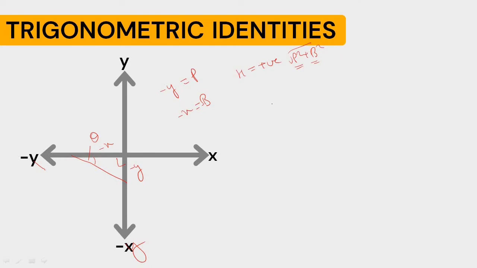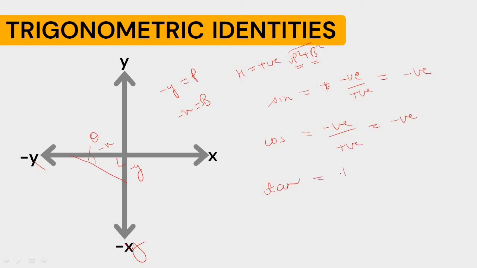Okay. So here sine, cos and tan. What will the sine be? Sine is perpendicular upon hypotenuse. Perpendicular is negative, hypotenuse is positive, so the value will be negative. What is cos? Base upon hypotenuse. Base is negative, hypotenuse is positive, so the value will be negative.